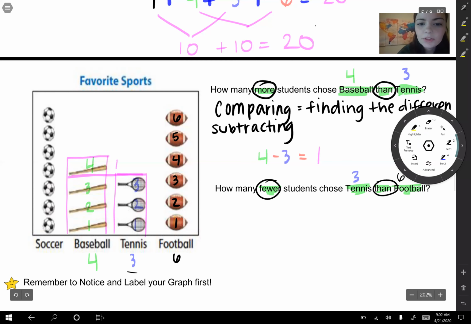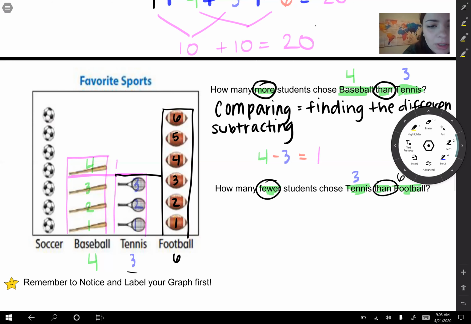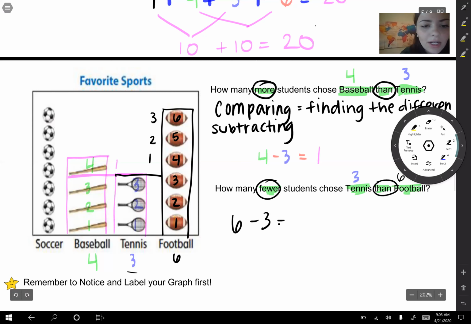And then we can also do remember what I did. We can make a bar model, or we don't even have to make it a bar, honestly. And we can just count how many are different. Right here we have 1, 2, 3 more. Let's check our work there. If I do 6 minus 3, I get 3. So I got the same answer here and here. Okay.